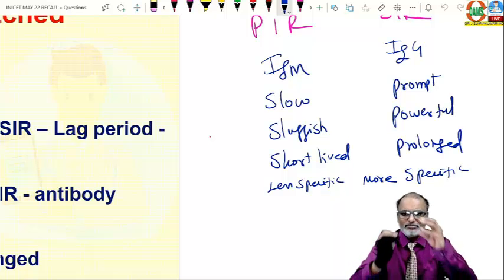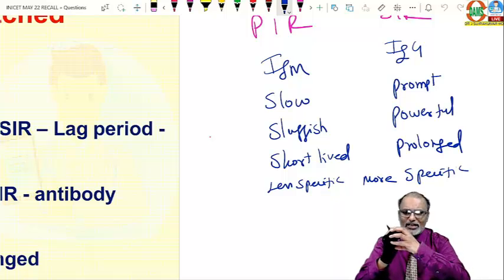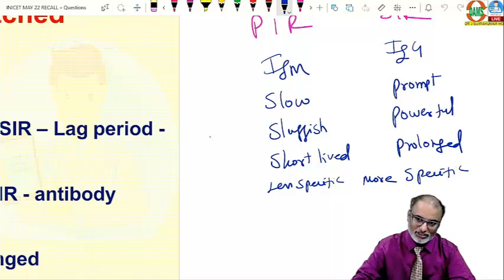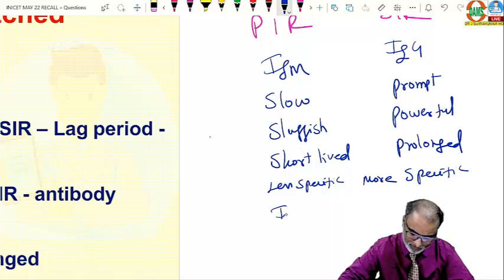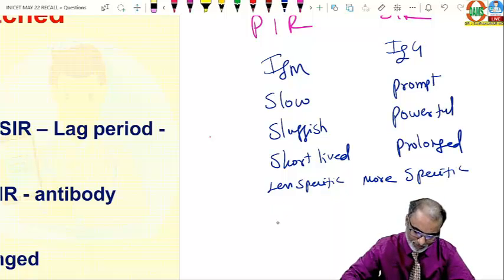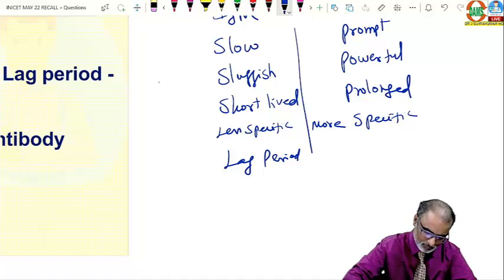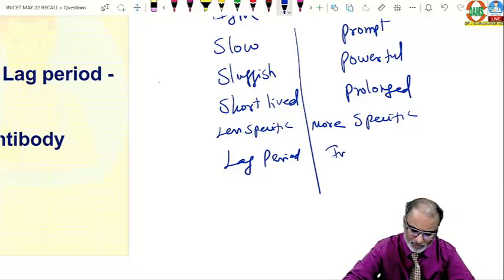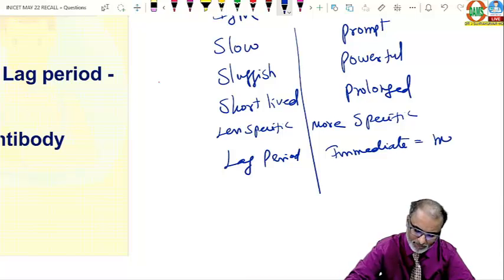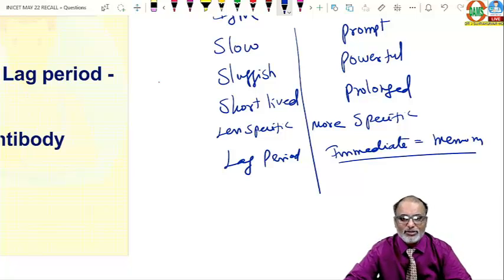IgM holds like this, IgG holds like this. Affinity maturation is based on this point, and secondary is immediate. Primary has some lag period. Secondary is immediate because of memory. These are all the differences between primary and secondary.